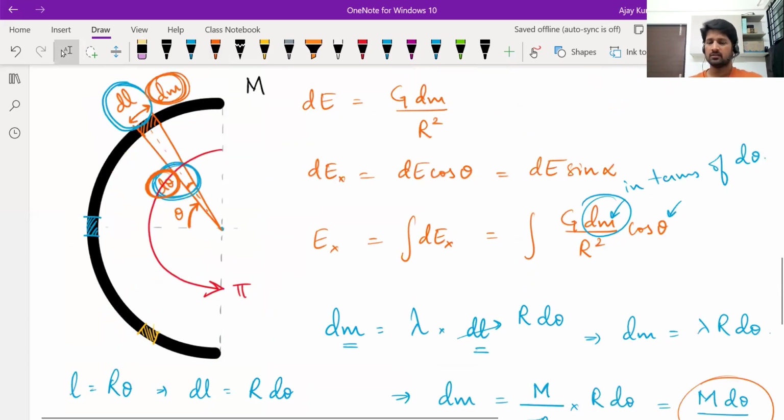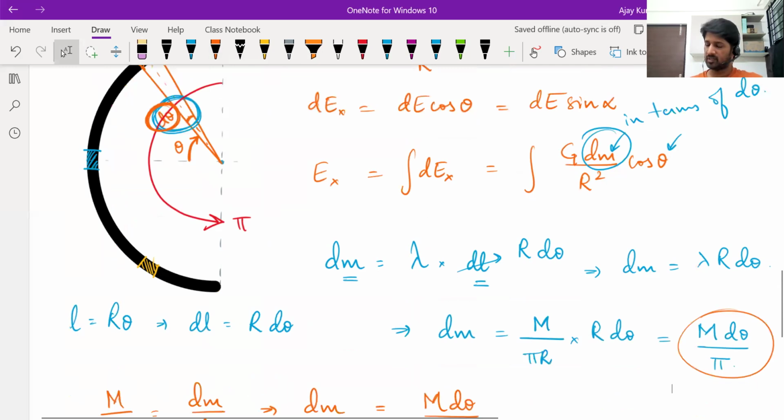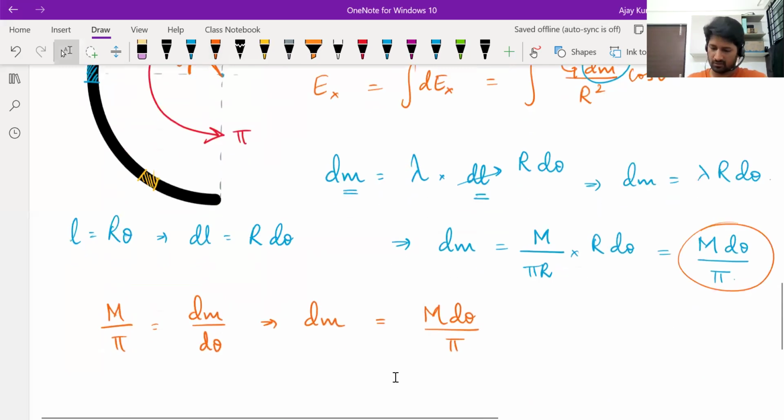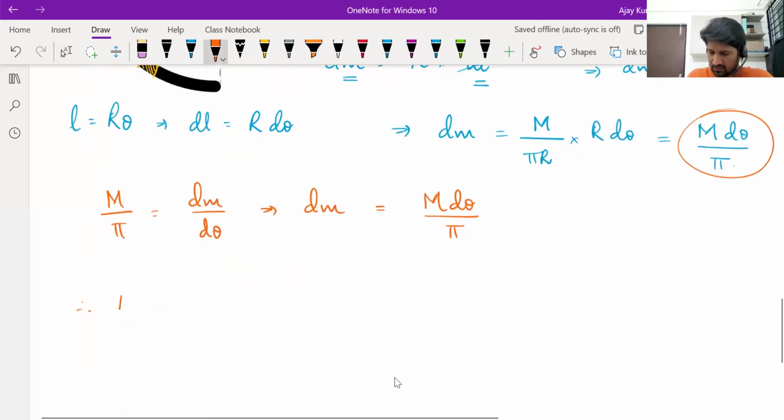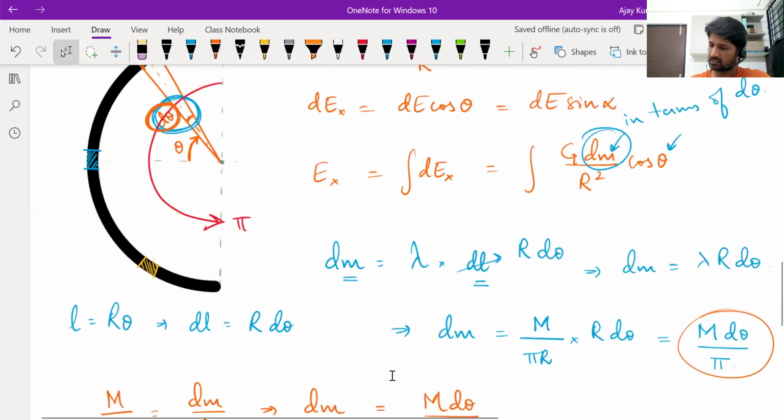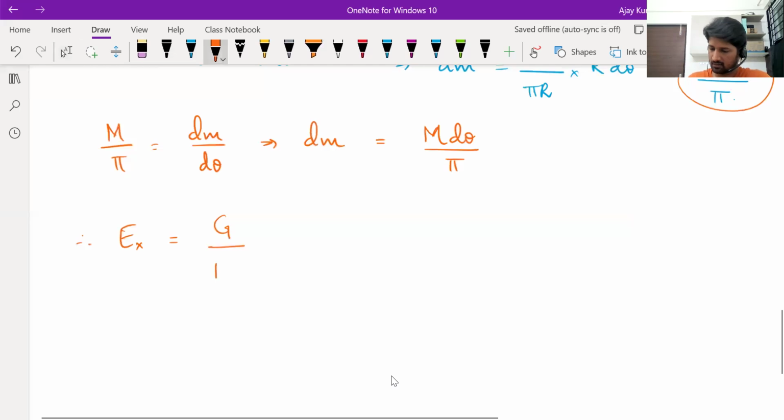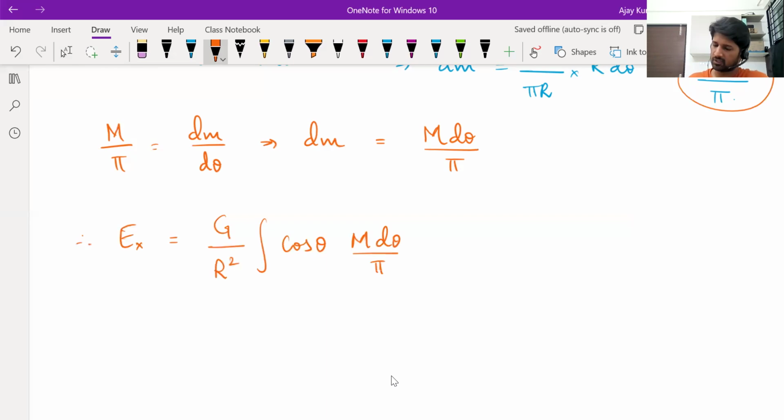So we are now in a position to substitute dm in terms of d theta, then we can integrate also. Therefore, the net gravitational field that we are looking for, g by r square integral cos theta dm. dm is going to be written as m d theta by pi. M and pi are constant, we'll put them outside the integral. So that becomes g m by pi r square integral cos theta d theta.